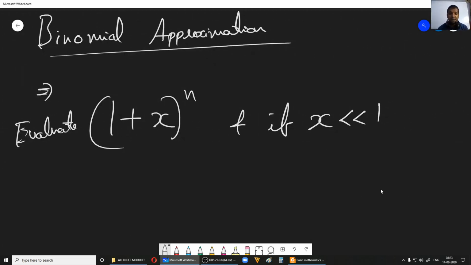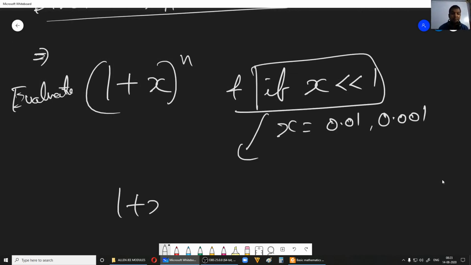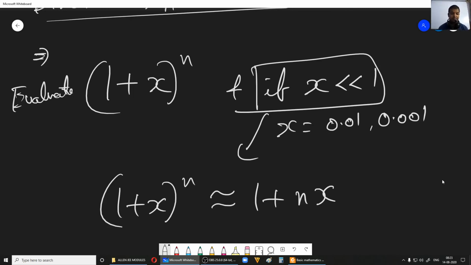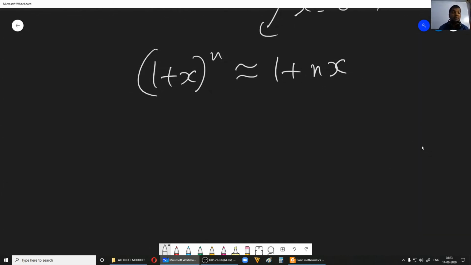For example, x is 0.01, 0.001, like that. In such cases, if x is much less than 1, then (1 plus x) whole power n can be approximately written as 1 plus nx, fine. Now let us take an example for this.